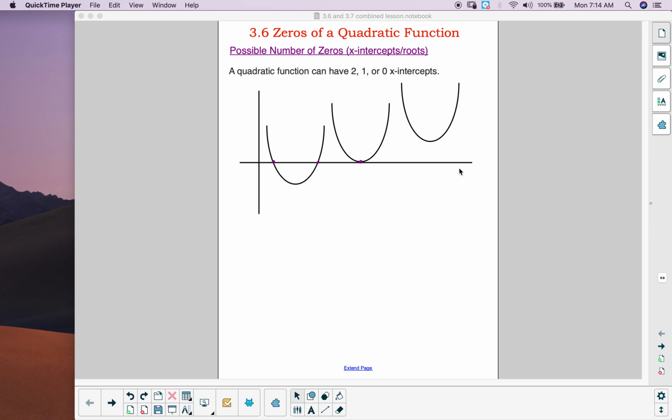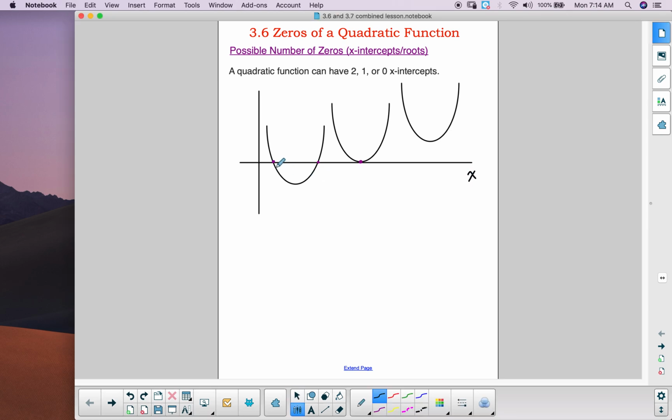If it crosses the x-axis at 2 points, that means there are two zeros or two solutions or two x-intercepts. If it only touches the x-axis at 1 point, which is at the vertex, that means it has only one zero or one solution or one x-intercept.